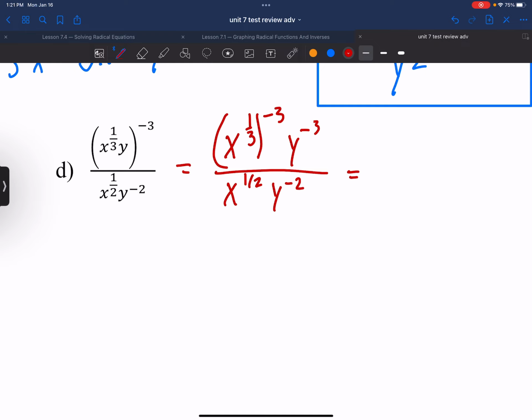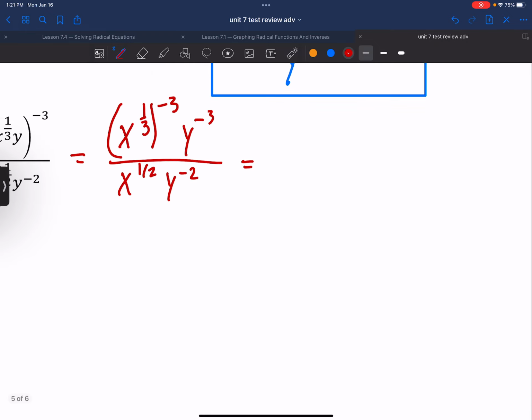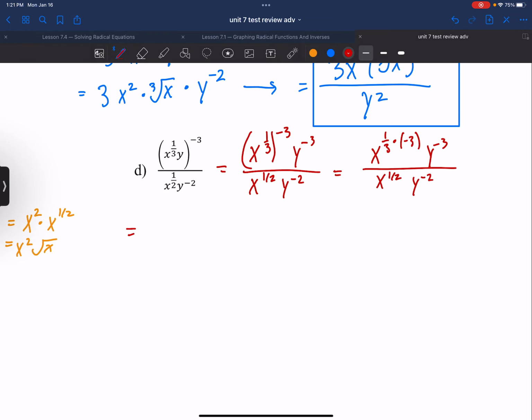And then I'll just apply that -3 exponent onto the x one, so it's x to the 1/3 times -3, which equals x to the -1, y to the -3 over x to the 1/2 y to the -2.